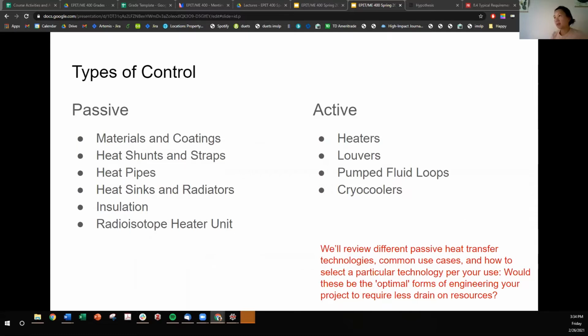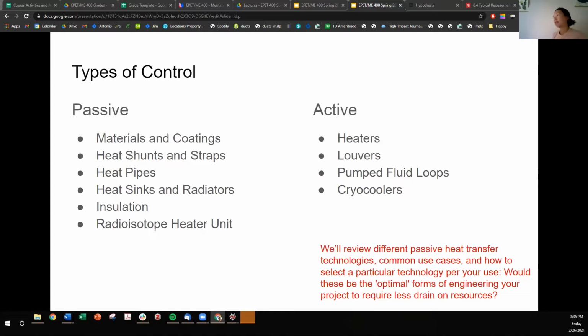Before we go into the specific technologies, I think it's useful to think about thermal control in two categories. There are passive solutions and there are active solutions. For passive solutions, we've got different materials and surface coatings, heat shunts and straps, heat pipes, heat sinks and radiators, insulation, and radioisotope heater units.